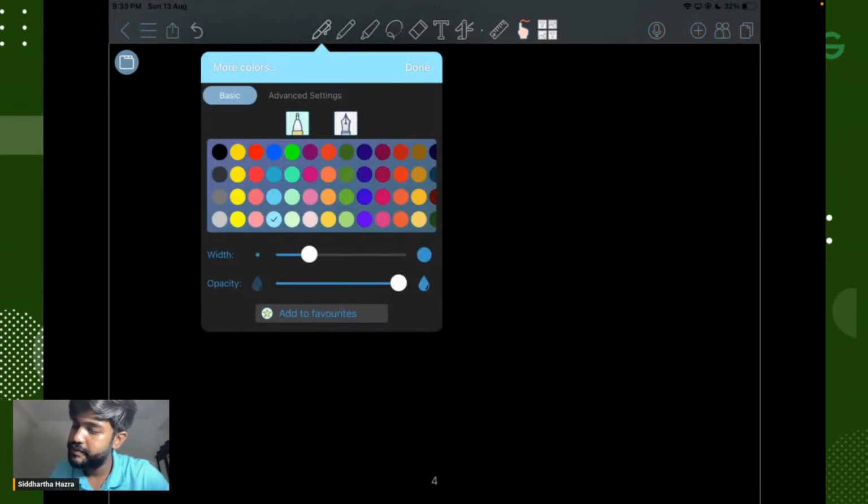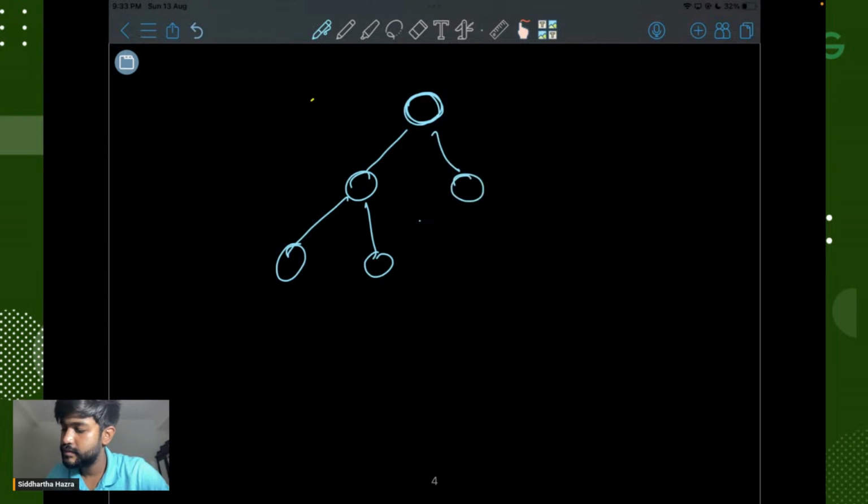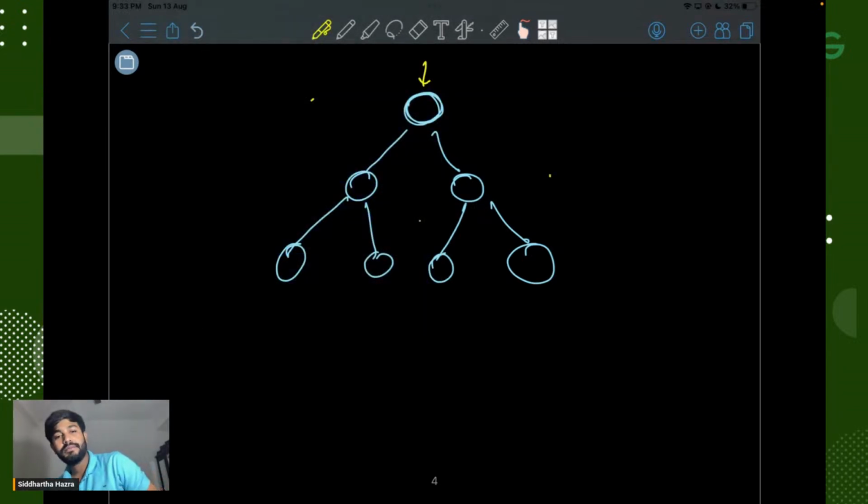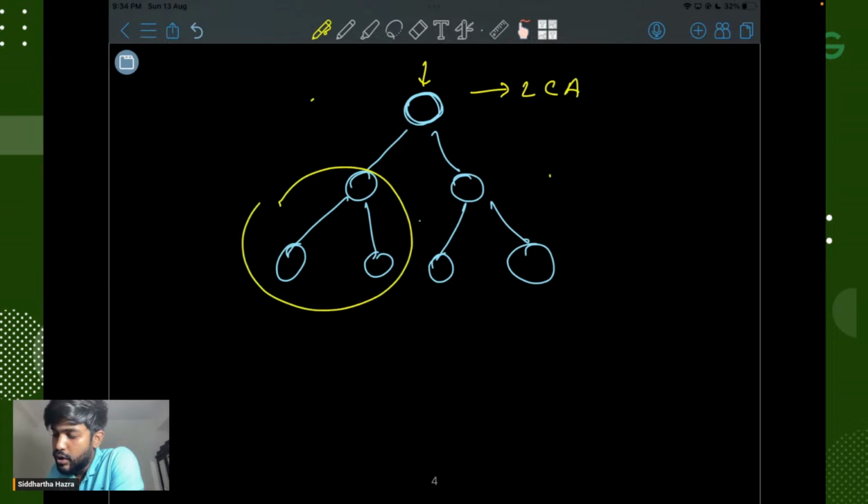Now see, if I talk about the root node, let's talk about just one node at this point. The number of pairs for which the root would be an LCA is these all with these all.